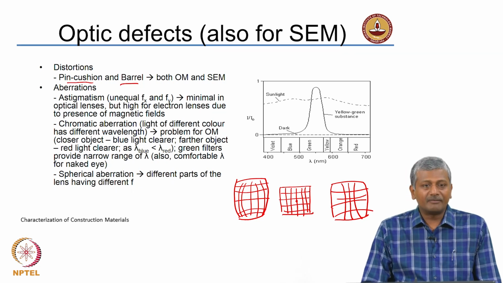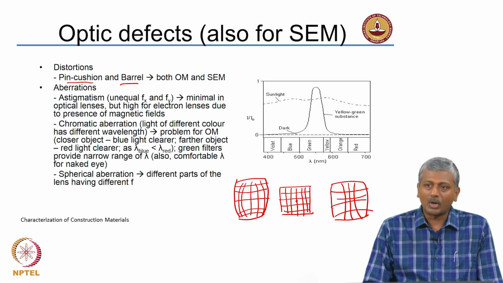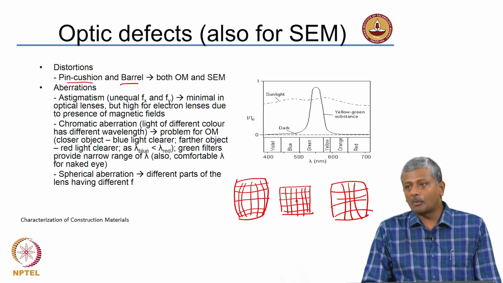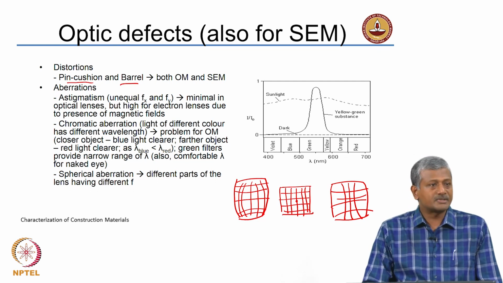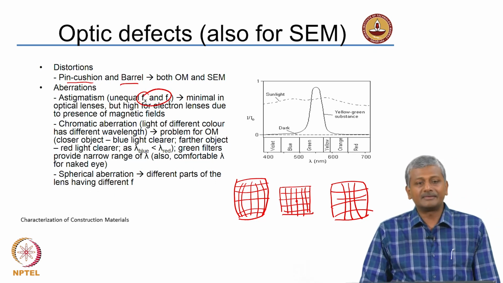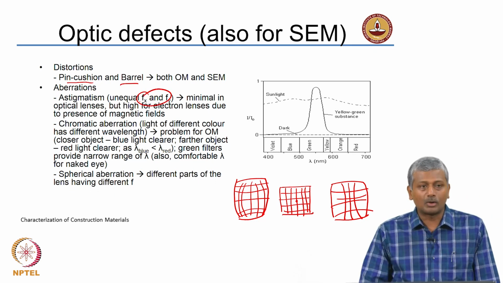Apart from this, you can have other problems which are very common to eye lenses also. For example, astigmatism. What does astigmatism mean? It means that your focal lengths in the x and the y directions are not equal.